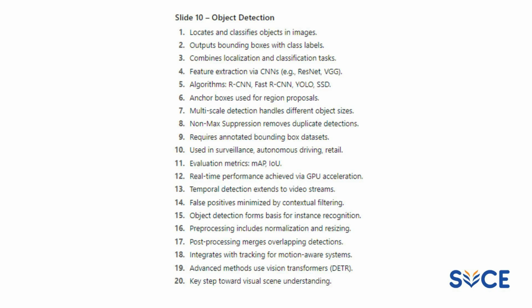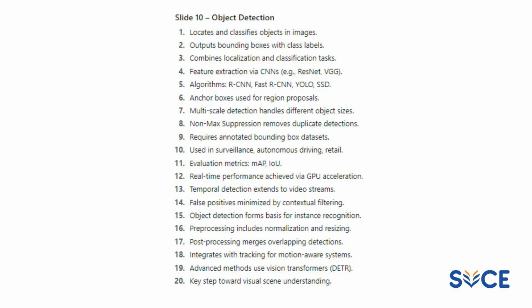Next one is YOLO, You Only Look Once. It is a real-time object detection system which divides the image into grids and predicts bounding boxes and classes simultaneously. It has variants like YOLO V3, V5, V7, V8, and so on, which are widely used in practical applications.